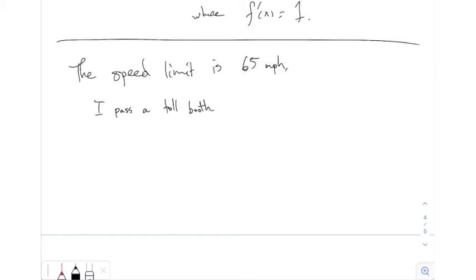People don't stop at toll booths anymore. I just drive through this thing at, let's say, 9:07 a.m. I tried to make some fairly realistic numbers.